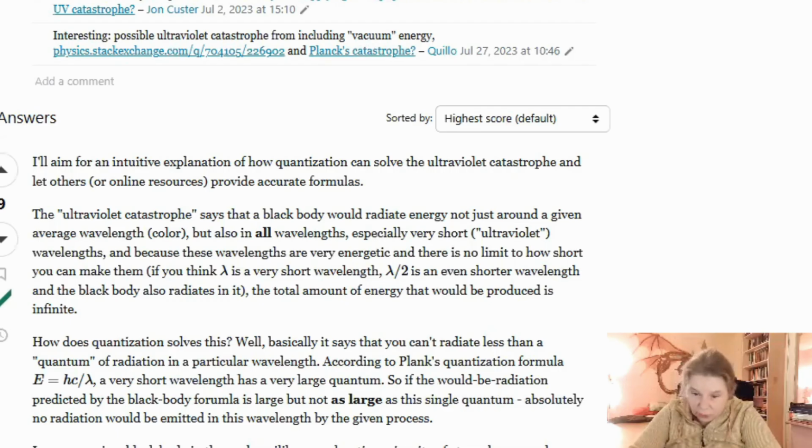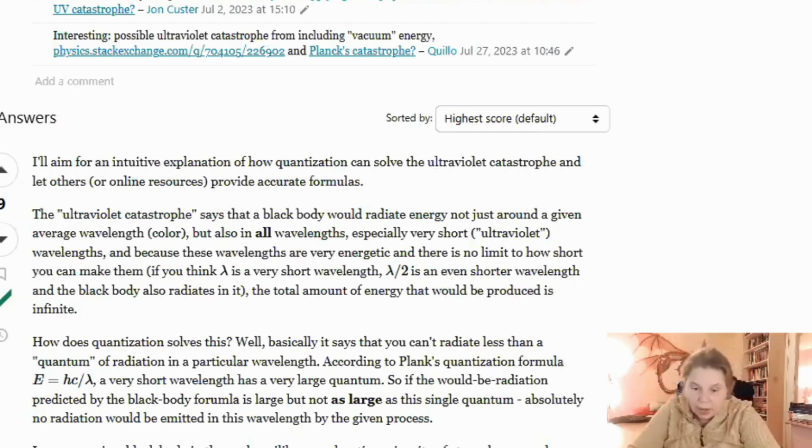And because these wavelengths are very energetic and there is no limit to how short you can make them, the black body also radiates in a wavelength divided by 2, or the next one divided by 2, divided by 2. There's no limit on how short you can make your wavelengths. So the total amount of energy that would be produced is infinite. That's the problem.